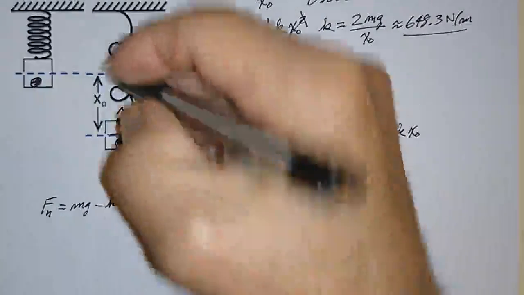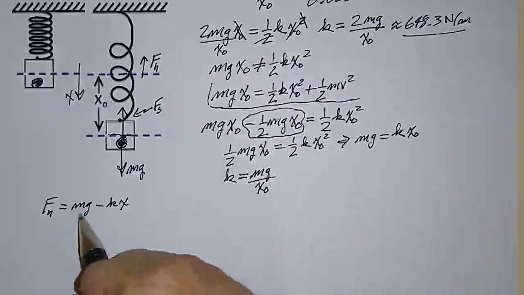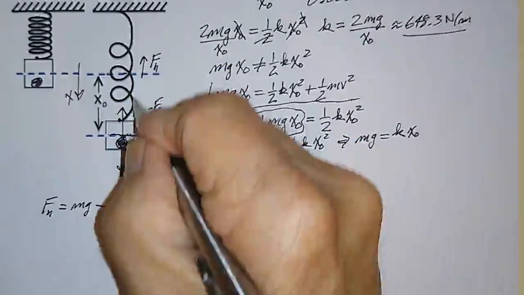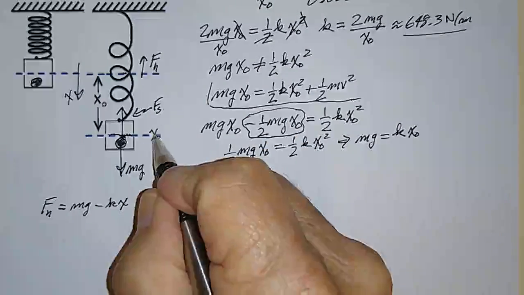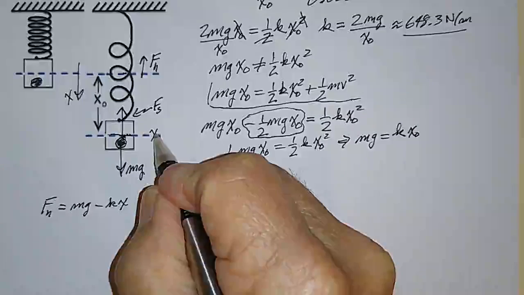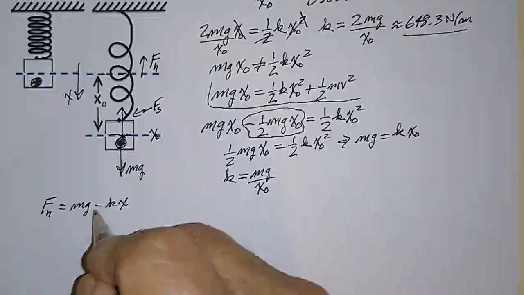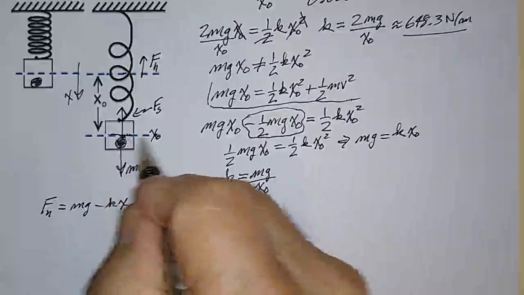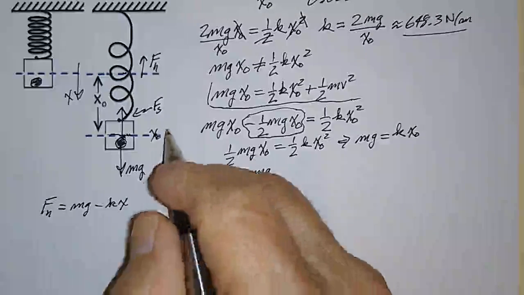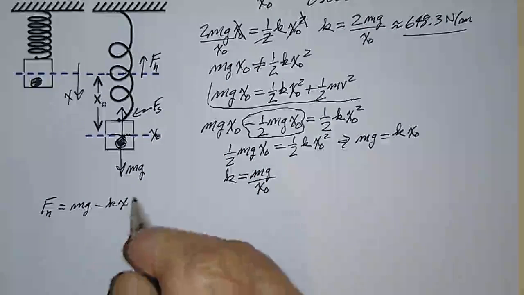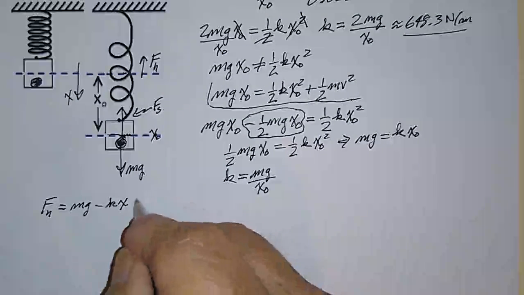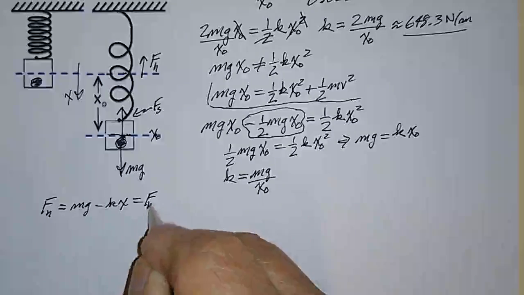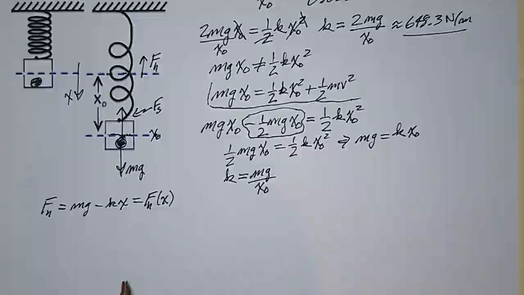In other words, at x equals 0, measuring x this direction, it's just equal to mg. And when you get down here to the equilibrium point, x naught, then the spring force completely balances mg so that you don't have to put any hand force at all. So when you get to x naught, F of h is equal to 0. So this is the hand force as a function of x.